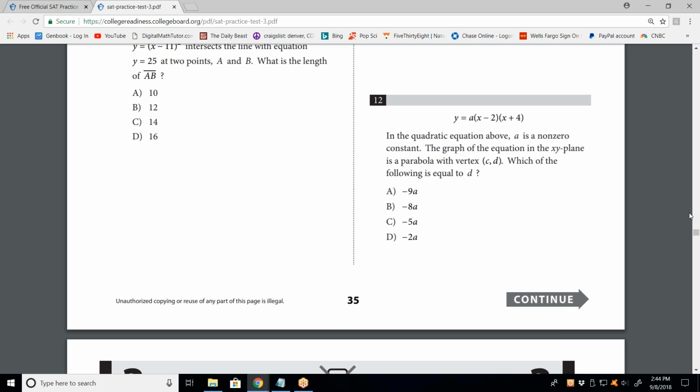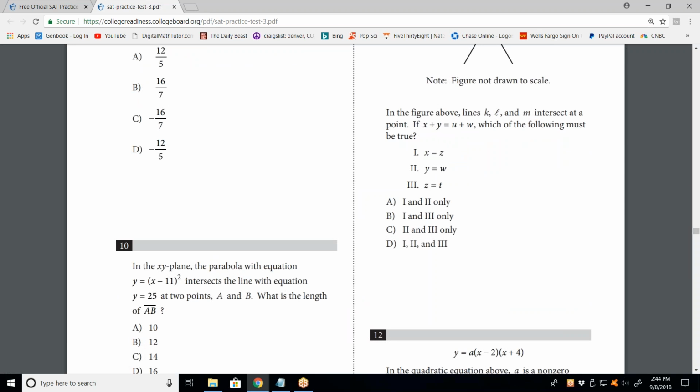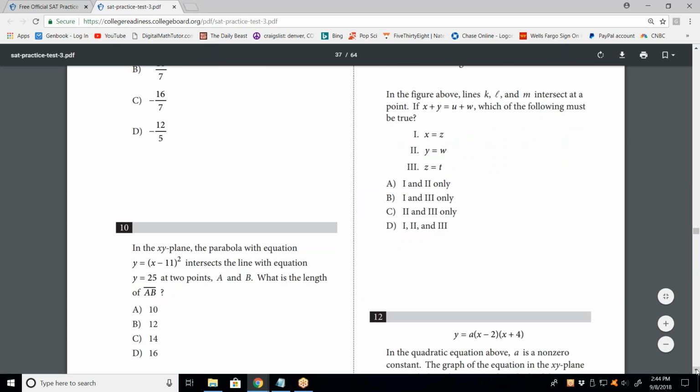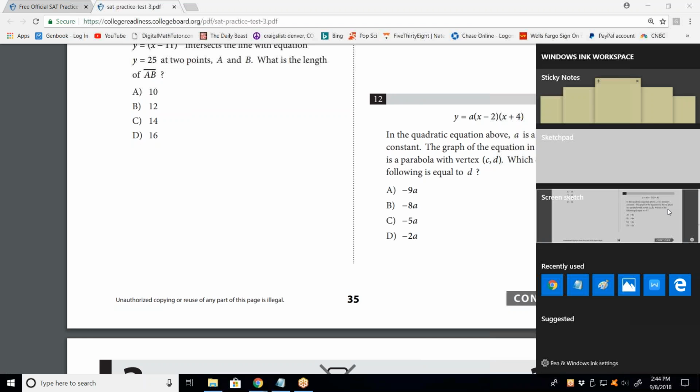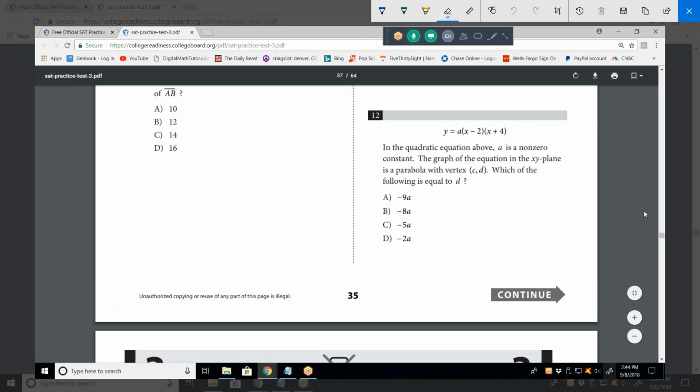All right. So, whoops, hold on. What's the first thing we should do? Graph it? What do we know about it to allow us to graph it?